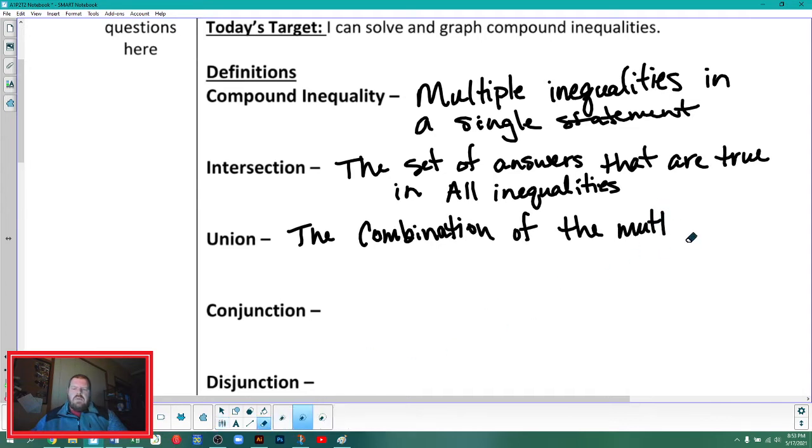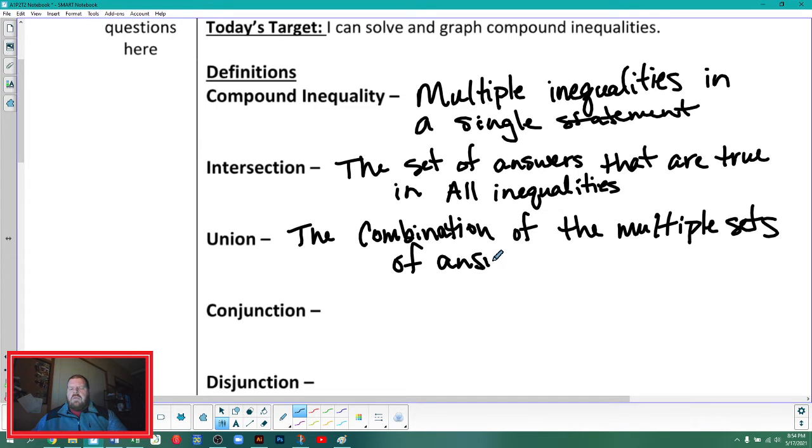Wow, gotta be able to spell. And this will make more sense after we get some context.